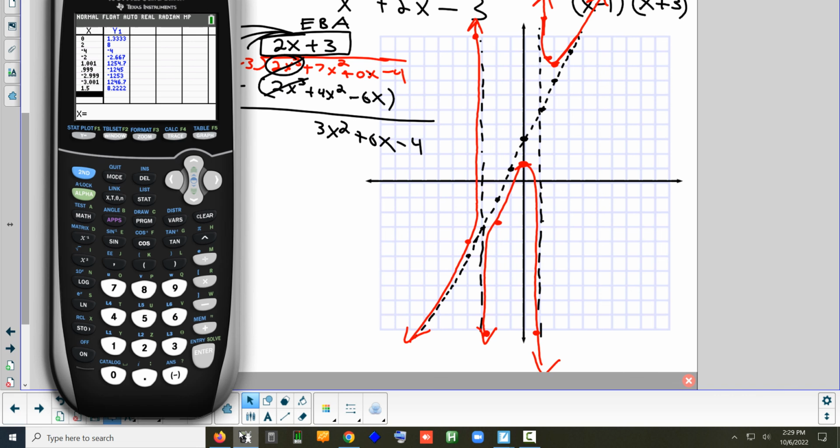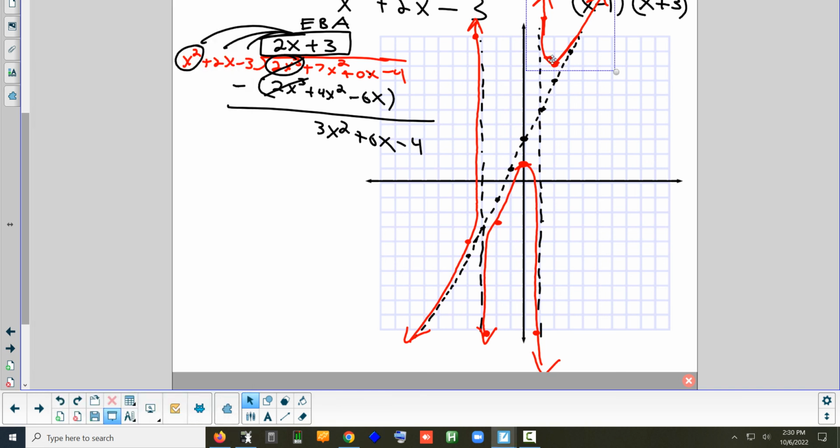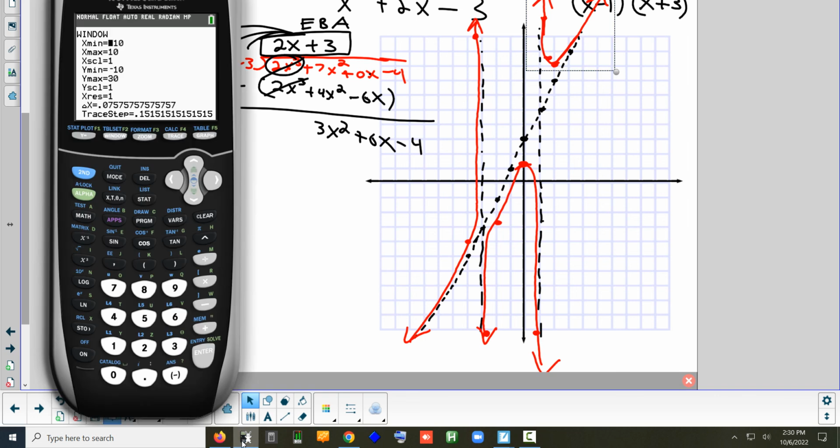Right, so let's see if we did an okay job. This piece I can just barely see. That's the top of my standard window, 10. Let's set it to 20. Actually, it's set to 30, so that's good. So we're going to see more of this piece at the top. So there's the piece on the left.